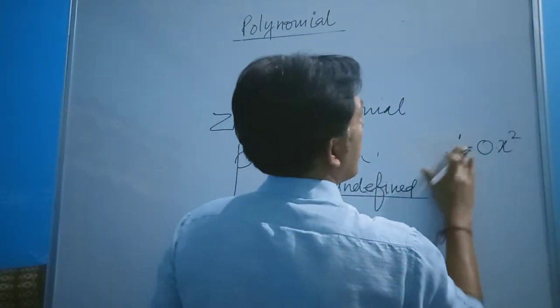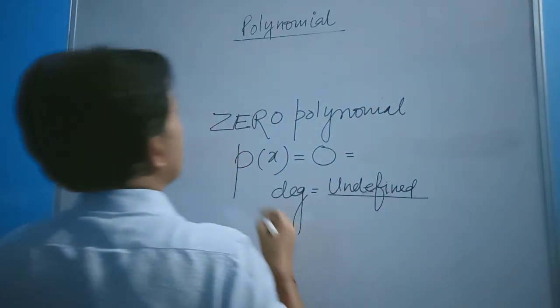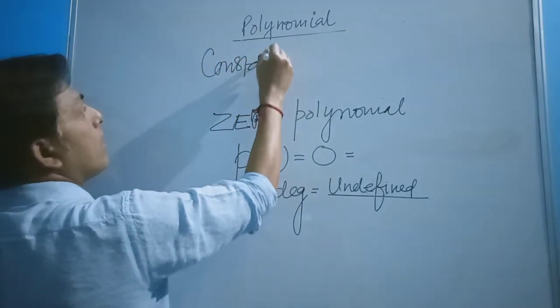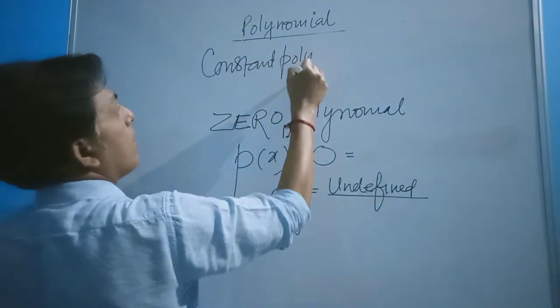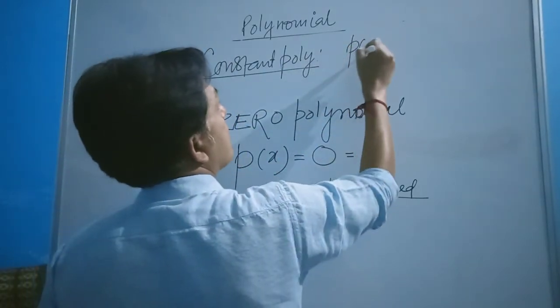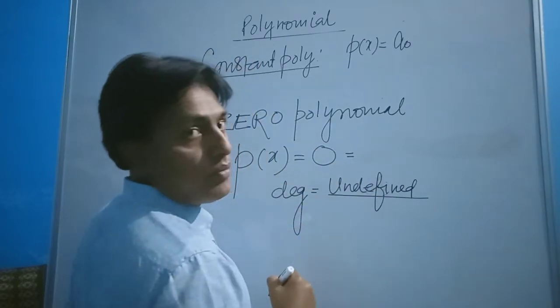So how to differentiate between the constant polynomial, which was like this: px is equal to a0.